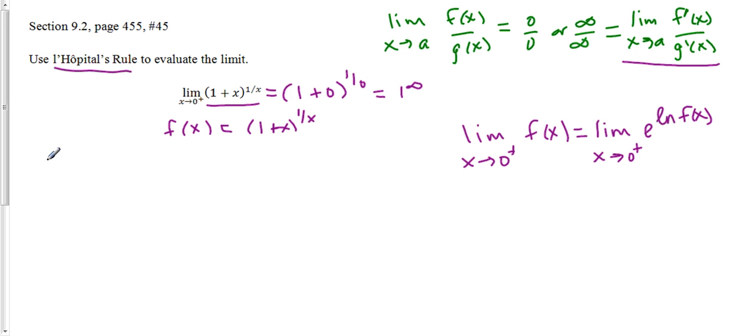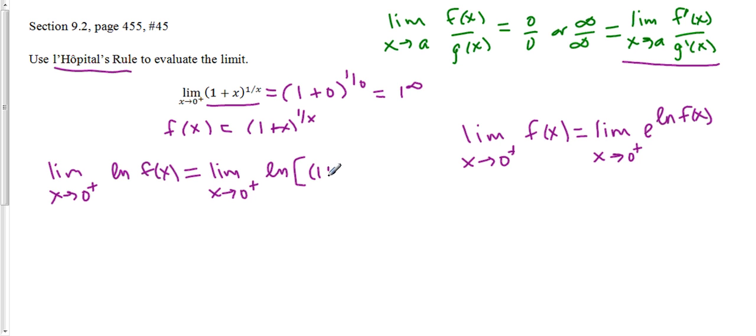So let's take this side trip over here and figure out what the limit as x goes to 0 from the positive side of the natural log of f of x is going to be. Let's substitute in for f of x. So x goes to 0 from the positive side, and I'm going to take the natural log of (1 plus x) to the 1 over x.